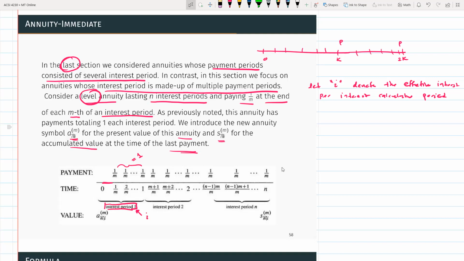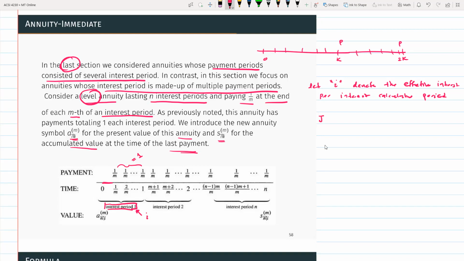From there, you can calculate the effective rate for this small time interval, 1 over m. Let's say J is the effective interest rate for the payment period.